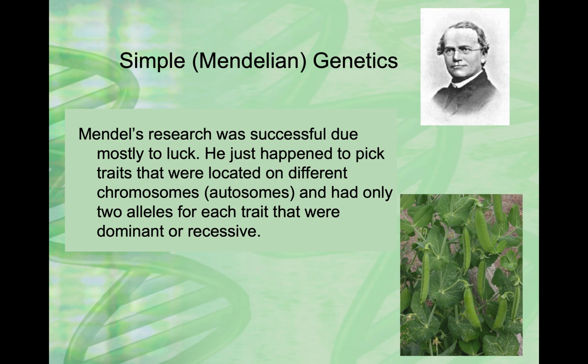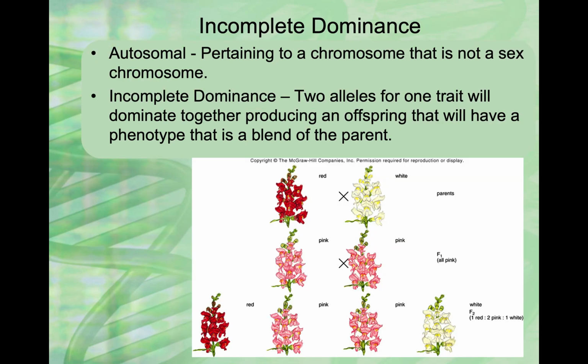An allele is a version of that protein. So it's a version of the trait. So for example, hair color is the gene, whereas the alleles are brown hair, blonde hair, sandy blonde hair, red hair, all the different hair colors. Now, autosomal pertains to a chromosome that's not a sex chromosome.